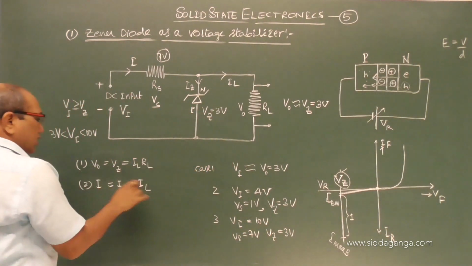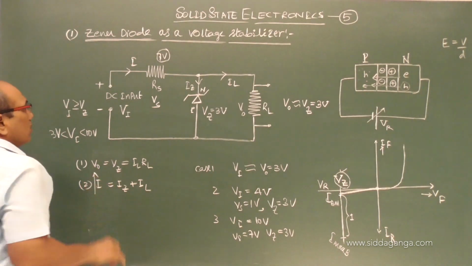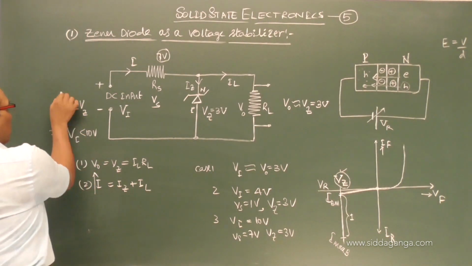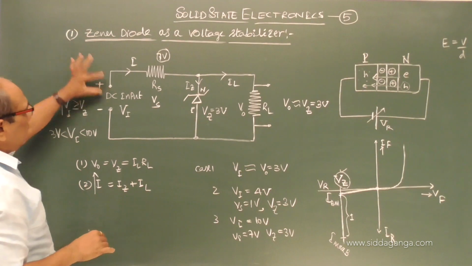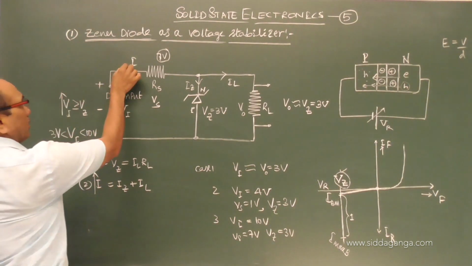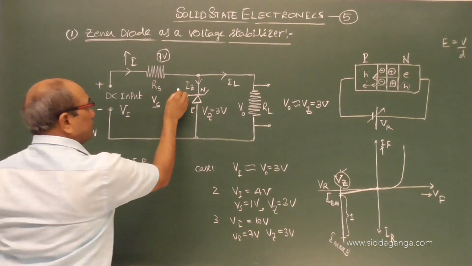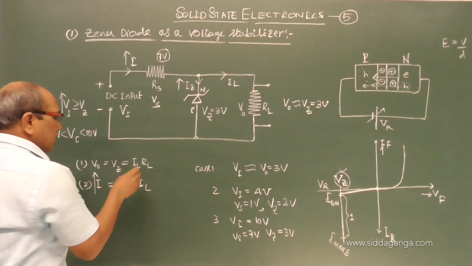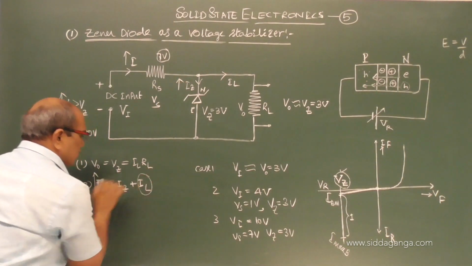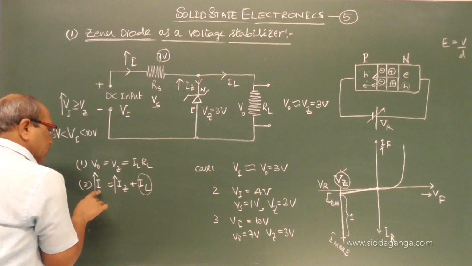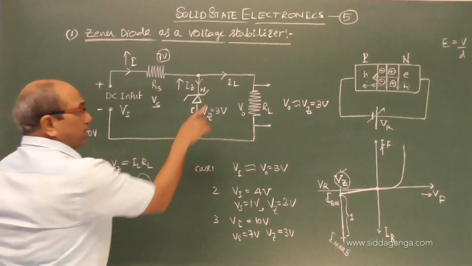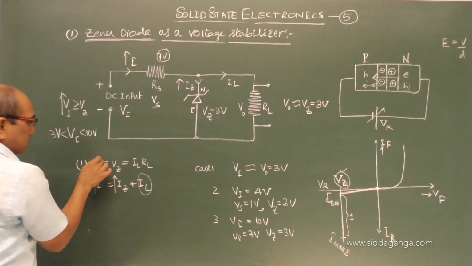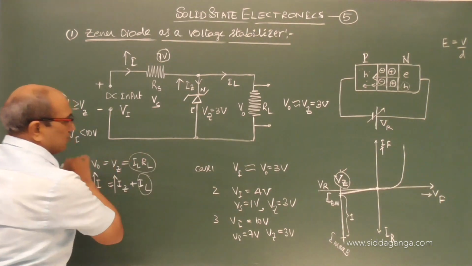What happened? Here I increased because of the increase in Vi. As Vi increases, I increases. As I increases, IZ increases, but IL is kept constant. IZ increases with I, so that IL into RL, this voltage, remains the same.